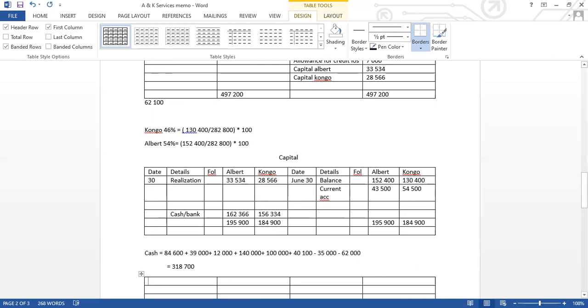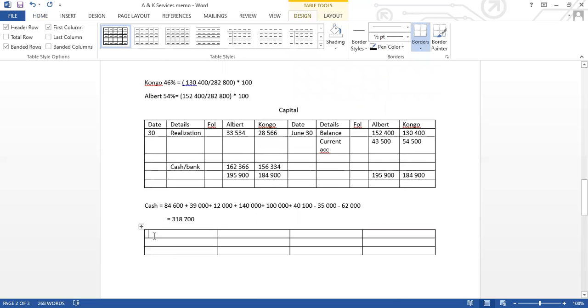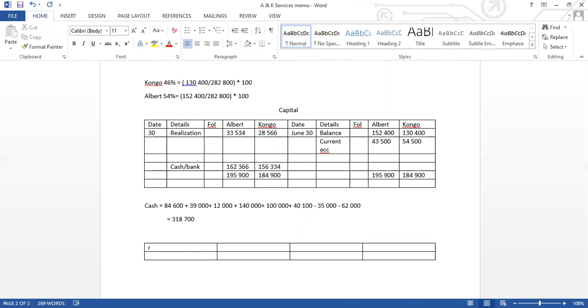So this is the bank account. I omitted the date column, so we have the details and then the amount.